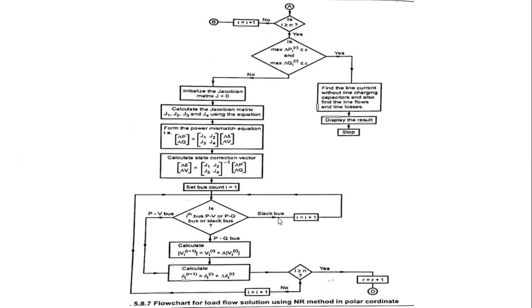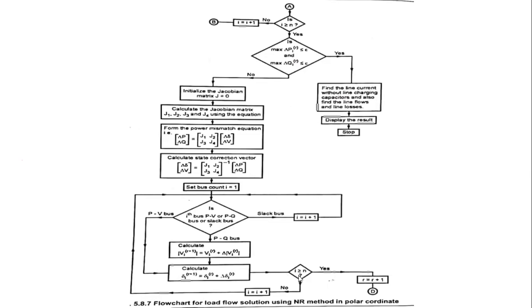Before going to the PV and PQ bus, first we check whether it is the slack bus, I equal to I plus 1. Then if it is a PQ bus, then calculate V of R plus 1 equal to V of R plus delta V of R. Then calculate the delta values similarly.